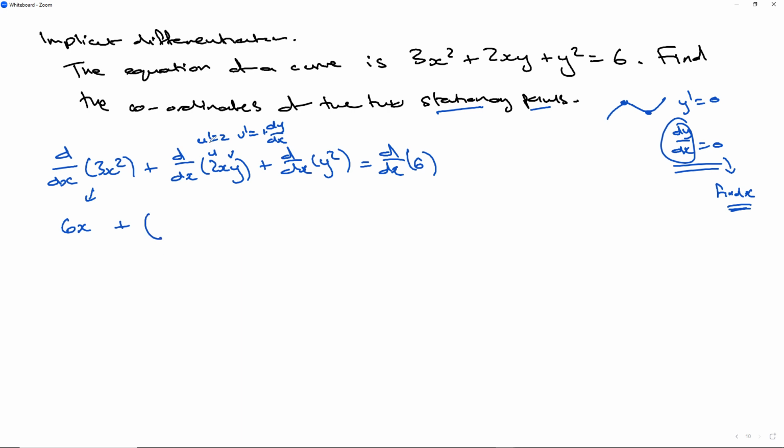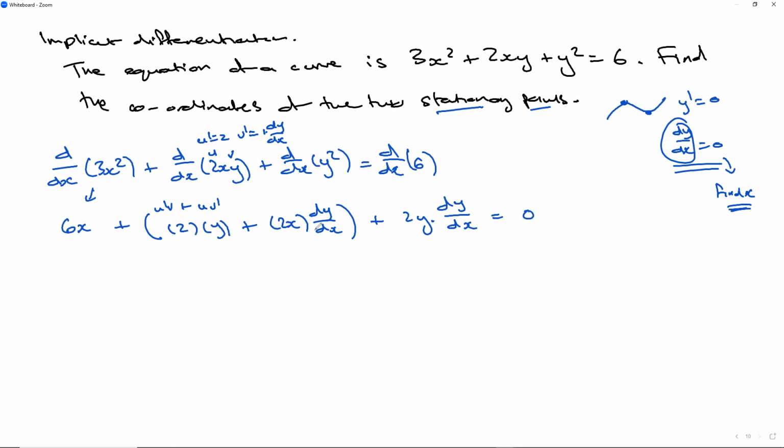So quickly I could do that and say, well, u dash times v plus uv dash would become 2 times v, which is going to be y, plus u, which is 2x times v dash, which is dy dx, plus d dx with respect to that will become 2y multiplied by dy dx equals the derivative of 6, which is 0.